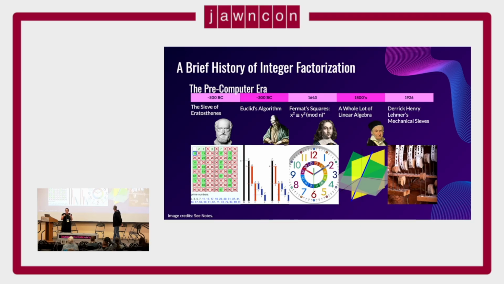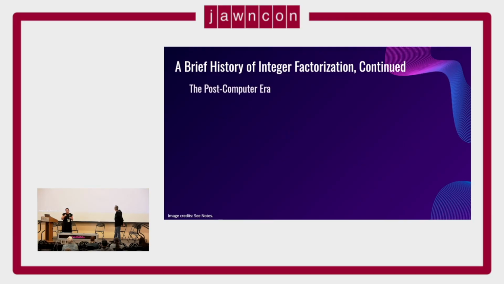This person came up with what I would describe as a rudimentary calculator that uses chains to actually factor large numbers. The largest number that this mechanical device was able to factor is a 28-digit long number. And they actually have examples of these in the Museum of Computer History out in California, so you can actually go and see them. So now we're into the post-computer era.